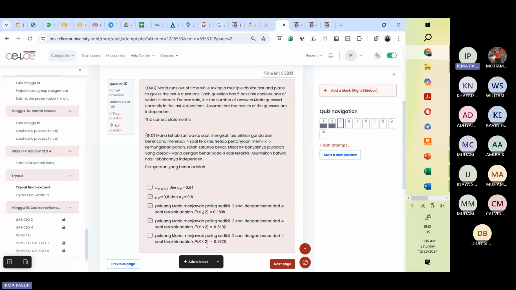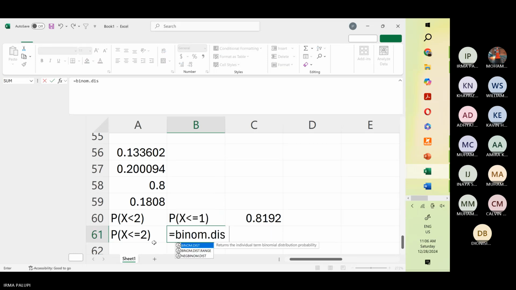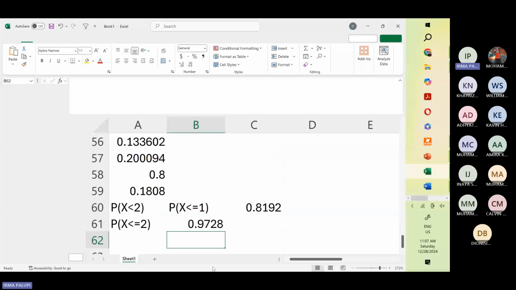And this is for less than or equal to 2, 0.9728. I think all are correct here, except this option.